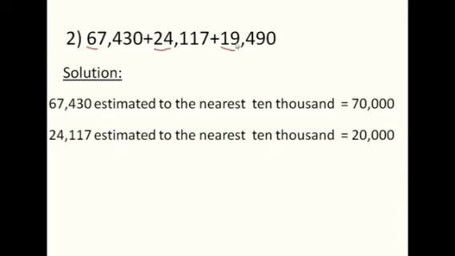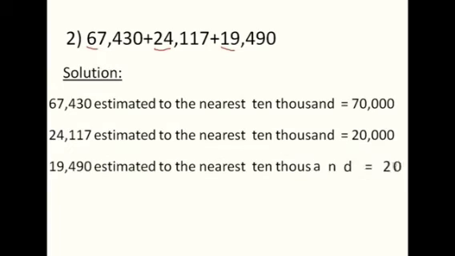Now 19,490. 1 is in the highest place, and 9 is more than 5, so 1 will be added to this 10,000 place, and the rest of the places will be filled with 0. So here you can see 19,490 has been estimated to the nearest 10,000 place as 20,000.